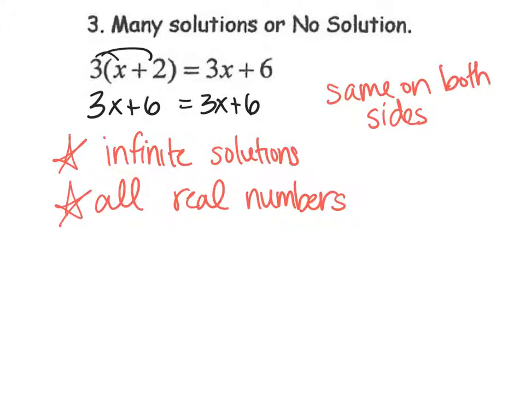All real numbers also has an abbreviation. It's a capital R with a line down it. So that symbol means all real numbers. If you don't feel like writing all real, you could use the symbol instead. So that's number 3, when the left side equals the right side.